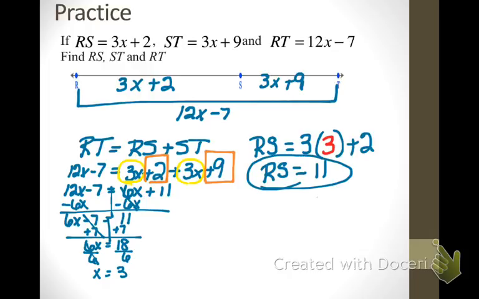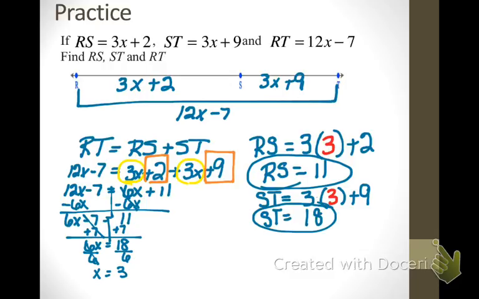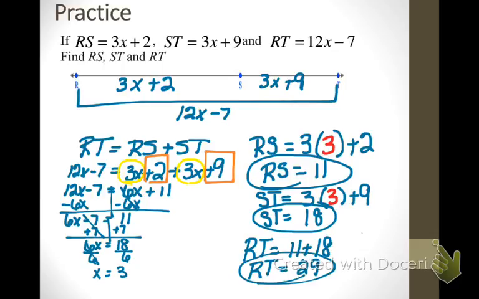So RS, if I put 3 in for x, the length of line segment RS is 11. The length of line segment ST, if I put 3 in for x, is 18. And line segment RT I can find in one of two ways. I can either plug the 3 in, or I can just add up the two segments, 11 and 18, and I get that the length of line segment RT is 29.